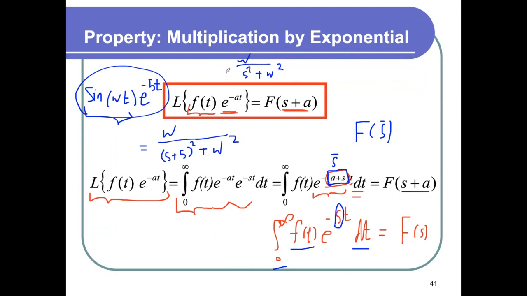So because I know this, and I have a sine function multiplied by an exponent with a shift of minus 5t, then instead of having s, I can substitute s plus 5, and that's it. So we can skip the extra computational steps.